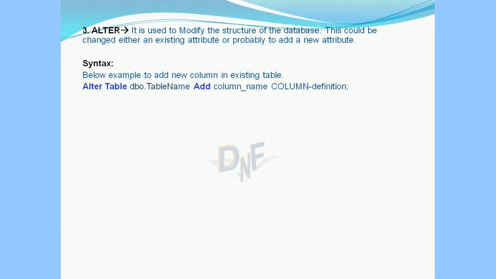Next is the alter command. The alter command is basically used to modify the structure of the database. This could change an existing attribute or add a new attribute. Here is a simple syntax. For example, I want to add one more column into a table.